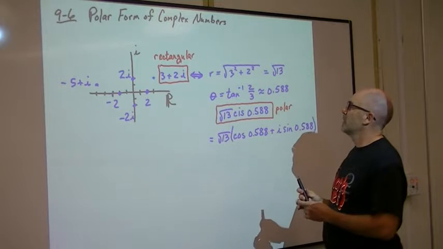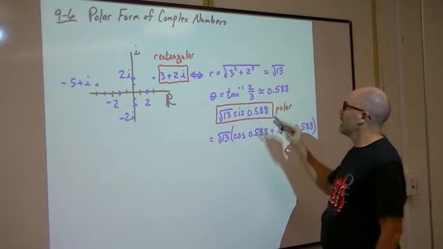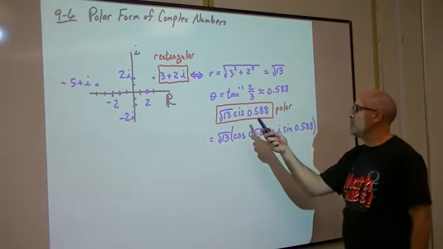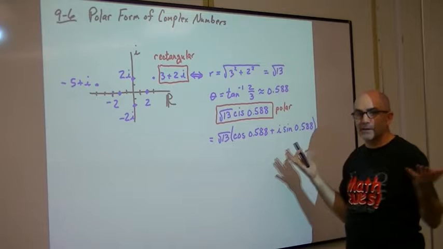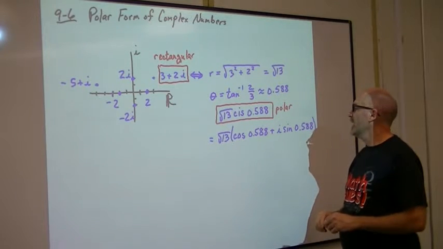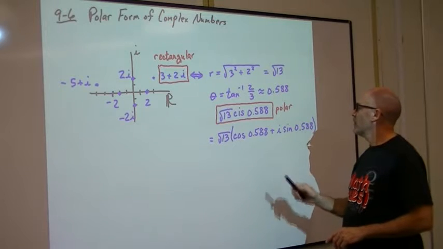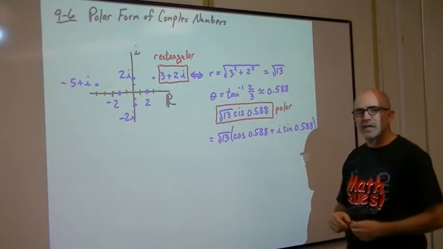All you do is Pythagorean theorem to get your r, and then inverse tangent to get your theta. How do we get back from polar to rectangular? Well, it says it right here. Cosine of the angle, multiply that by square root of 13, and you get the real, and then square root of 13 times sine of the angle, that'll get you your imaginary.